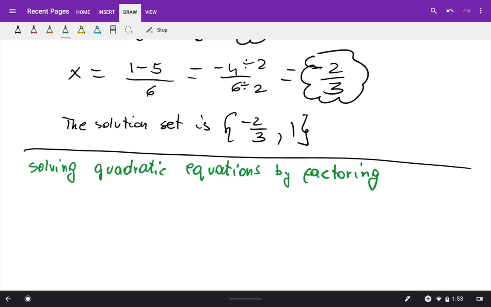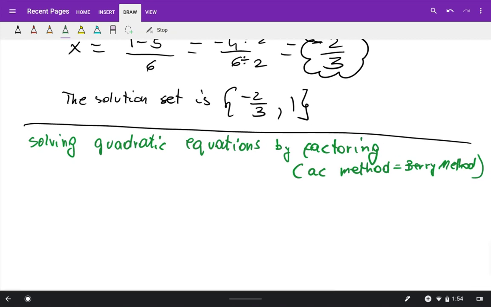I'm going to use the AC method in this class. I don't know, in New Jersey when I taught we called that the barrel method, but I think the AC method is more popular. Okay, so I want to review that. And I'm going to explain how to do it based on examples, because I'm pretty sure that many of you saw that already. Example.